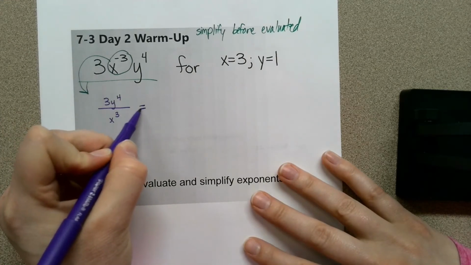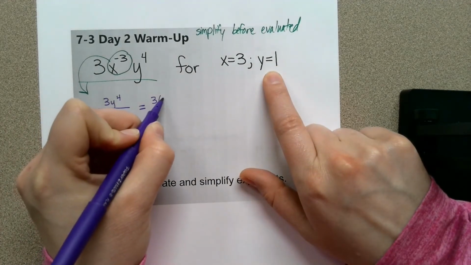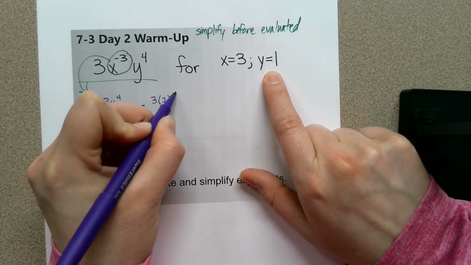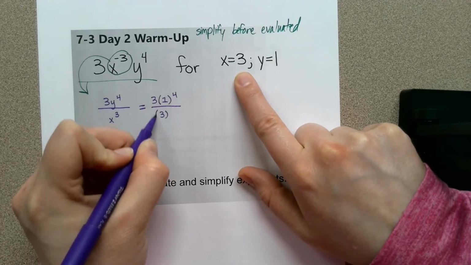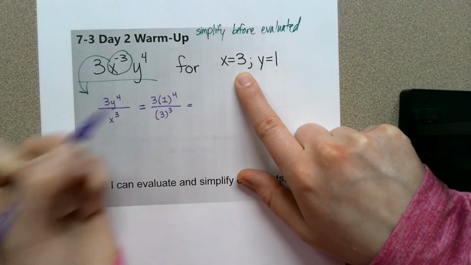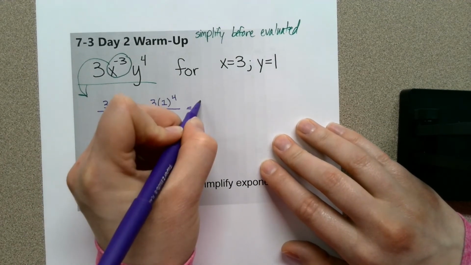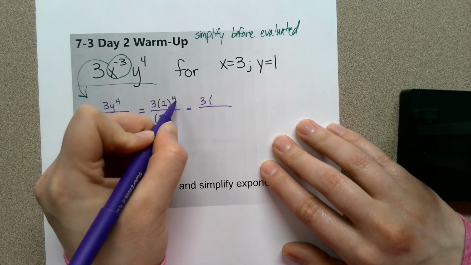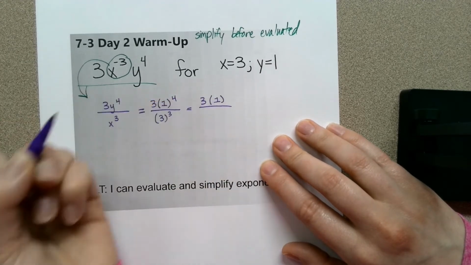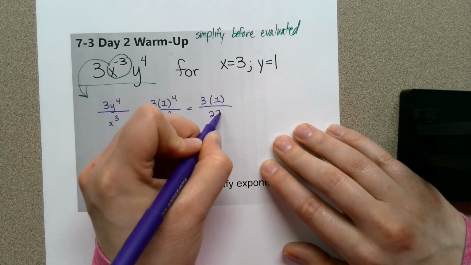So then from here, we'll rewrite this as 3 times y in parentheses to the 4th power over x, which is now a 3, we'll put that in parentheses as well, to the 3rd power, and simplify. We'll take care of exponents first, so it's still going to be 3 multiplied, 1 to the 4th power is still just 1, over 3 to the 3rd power is 27.